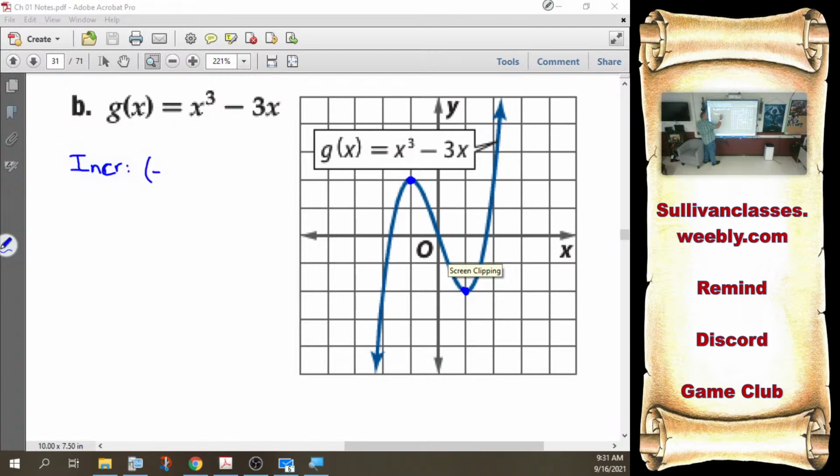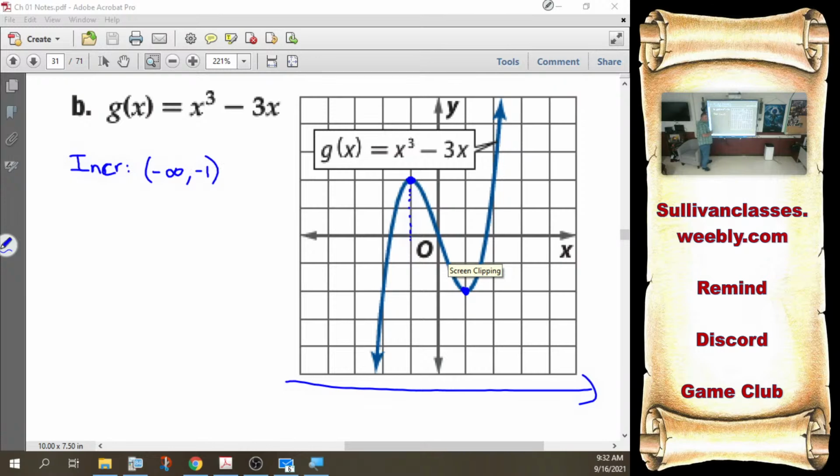It increases from negative infinity all the way until what? As x's go from negative infinity to what? My y's are going up. My y's are increasing.